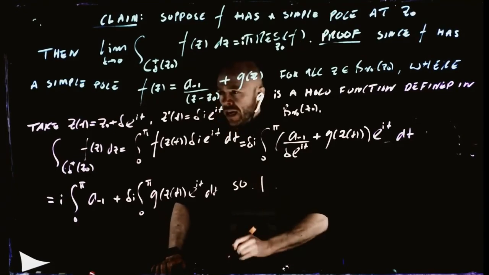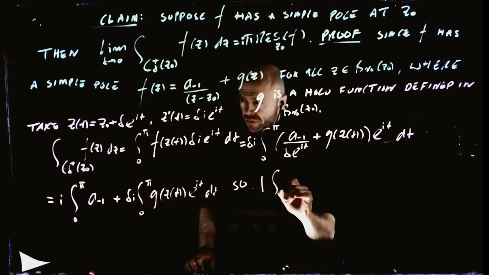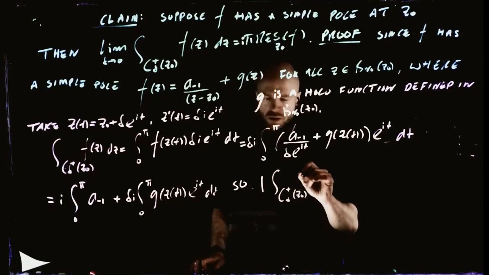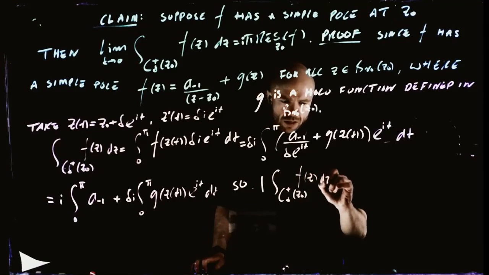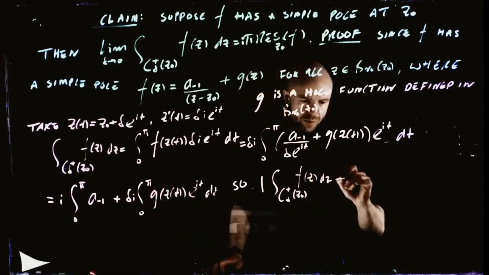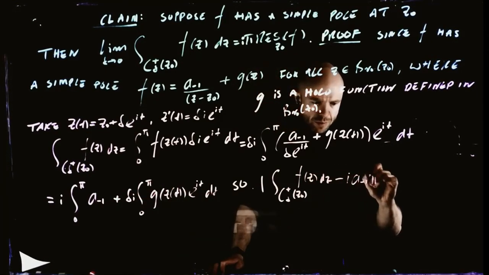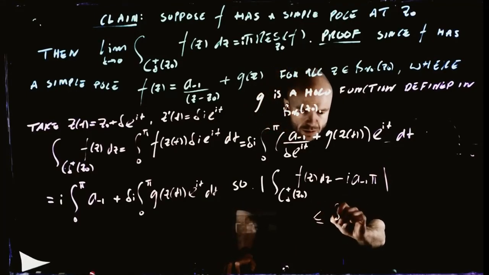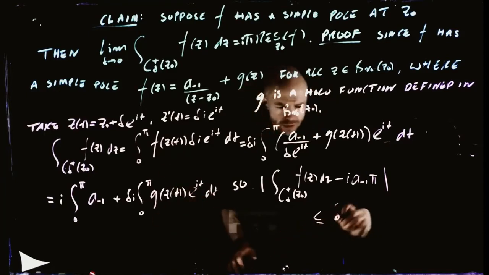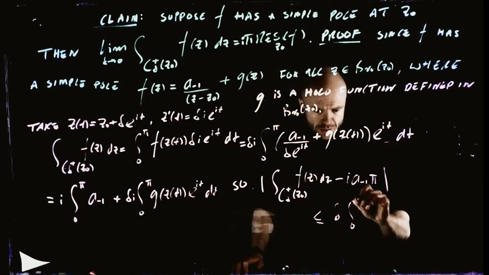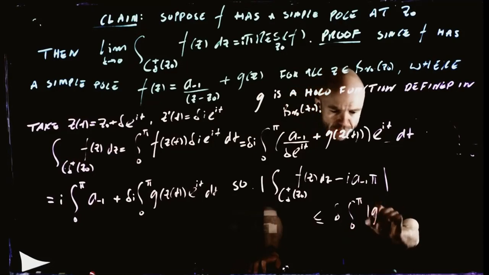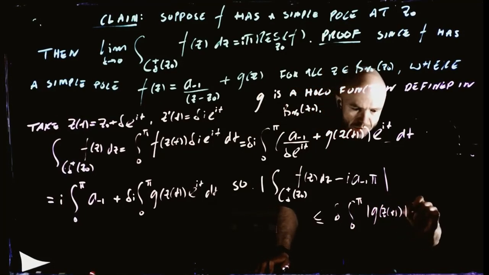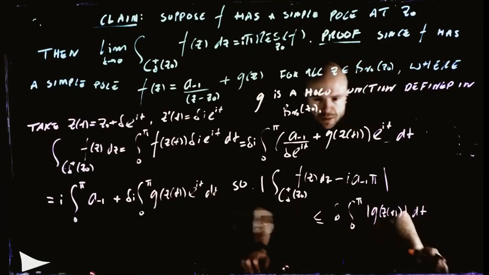So if we take the absolute value of this thing, the integral over c plus delta of z0 of f of z dz minus this term here, i a to the minus 1 times pi, then what we have left is delta times the integral 0 to pi of the absolute value of g of z of t dt, like this.